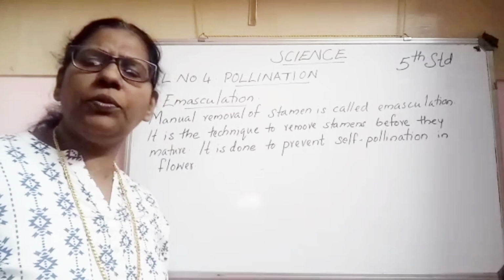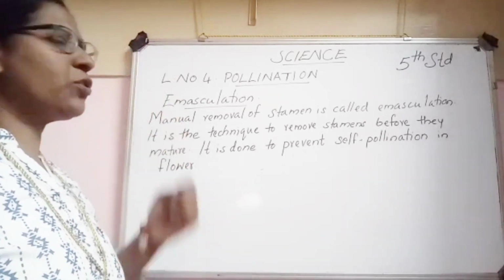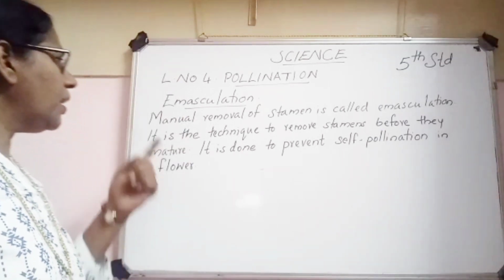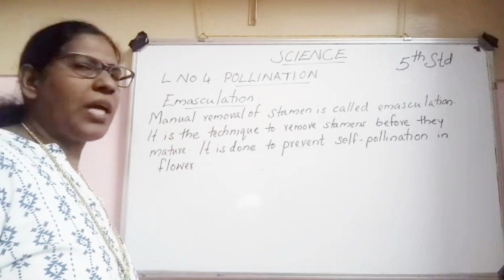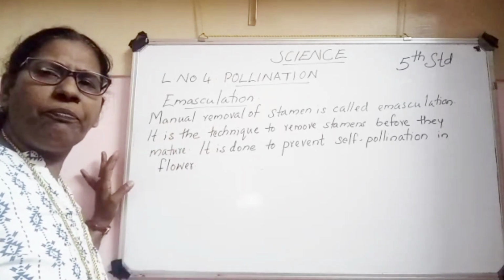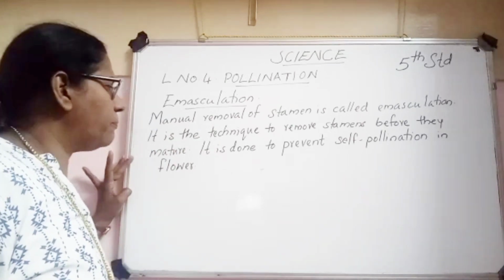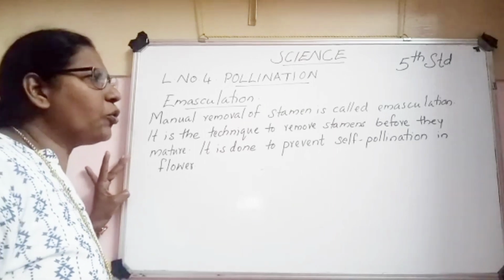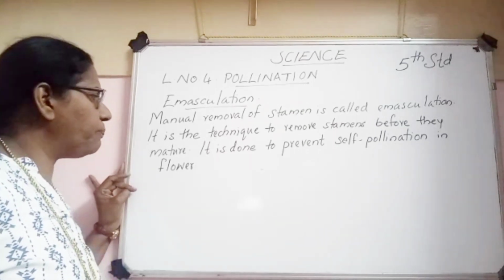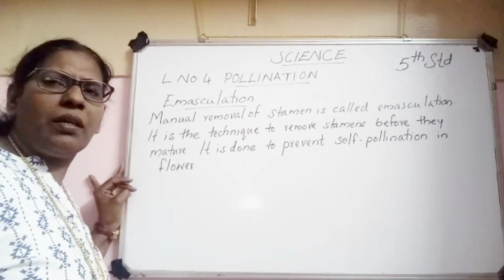Before going into agents of pollination, we'll see emasculation. What is emasculation? Manual removal of stamens is called emasculation. It is the technique to remove stamens before they mature. It is done to prevent self-pollination in a flower.